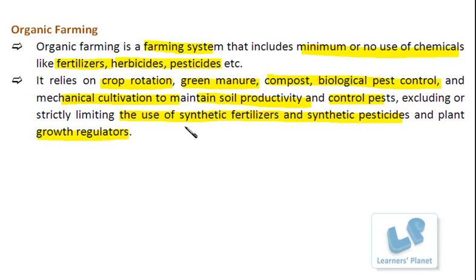Such type of farming is known as organic farming. And you must have seen different products in the malls or in the market nowadays, like organic tea and many other organic products. Basically, they are produced without using chemicals. So this is all about fertilizers and organic farming.